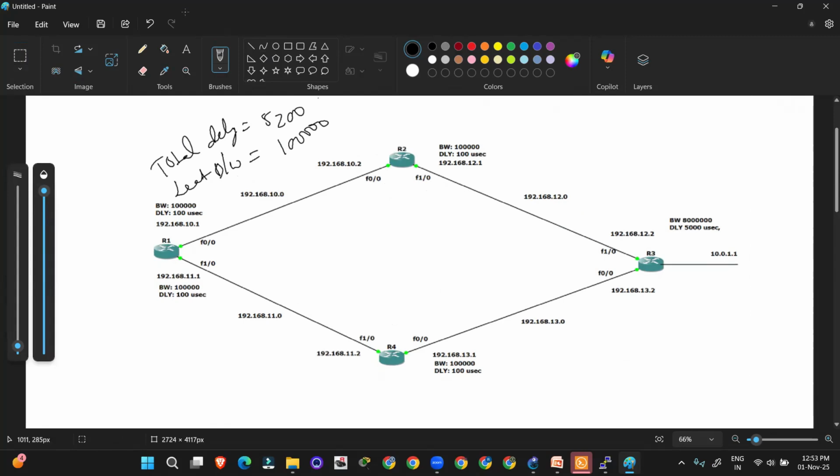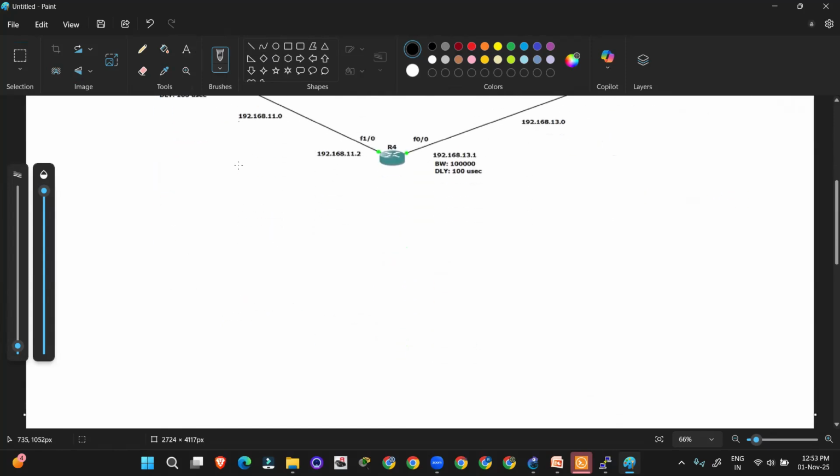So according to these two factors, we are going to find the route metric of path number one. What is the formula for the route metric? So (cumulative delay plus cumulative bandwidth) multiplied by 256.